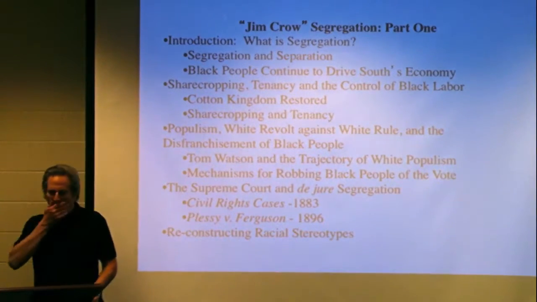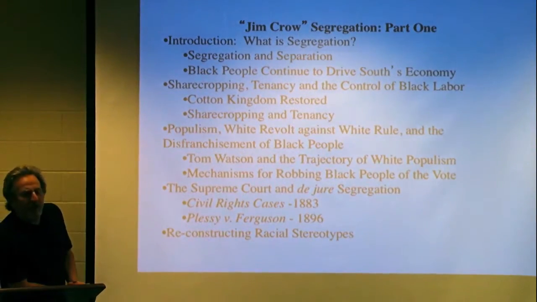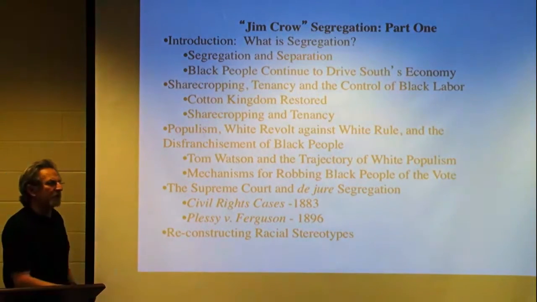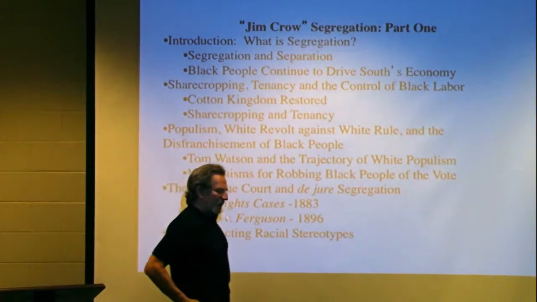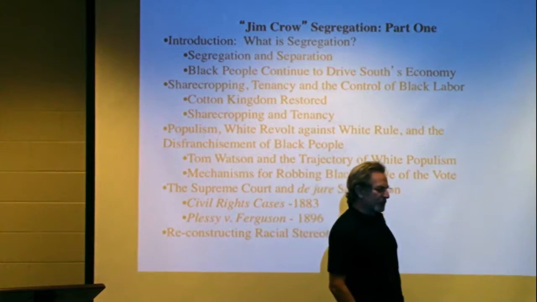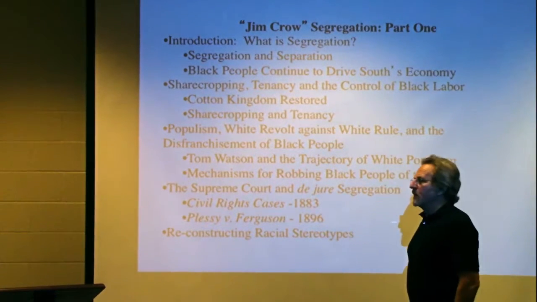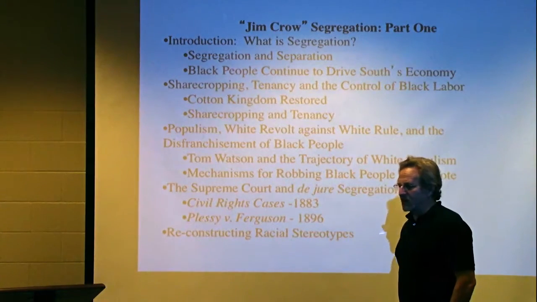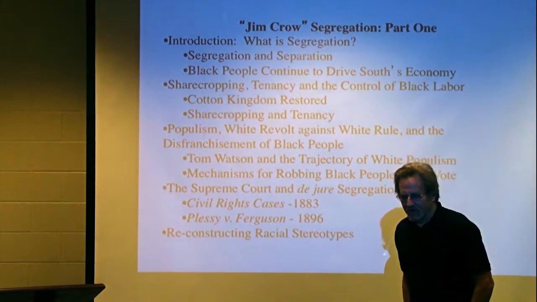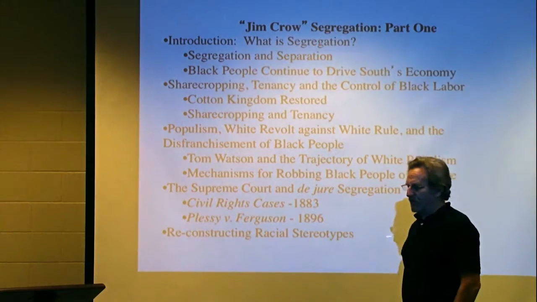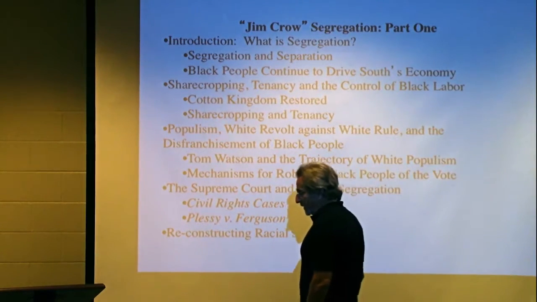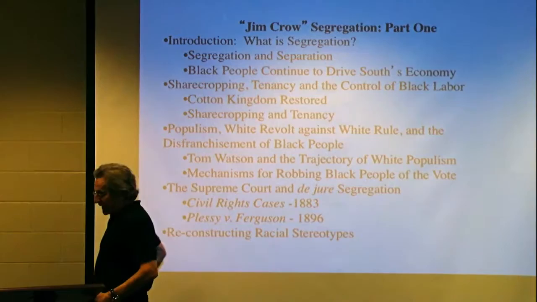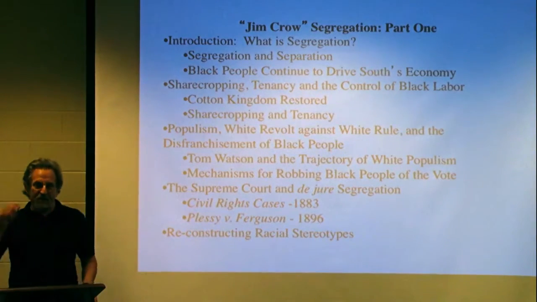Oftentimes, when we learn history in high school, maybe there's a paragraph or two in the history textbook about what's termed segregation. I would like to suggest to you that segregation was the single most important social institution in the United States from the period of about 1890 right into the 1960s.